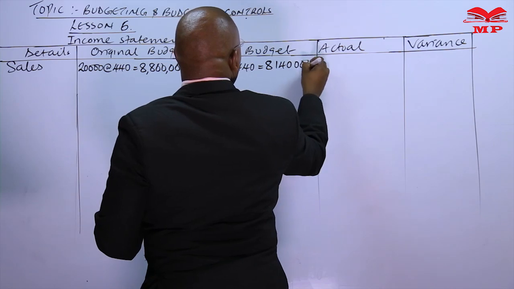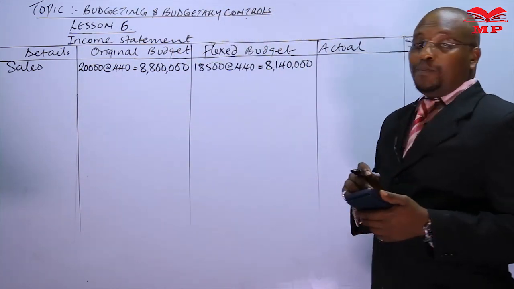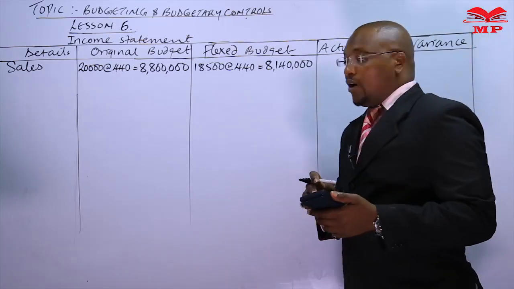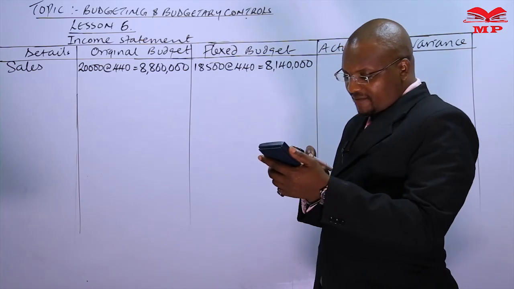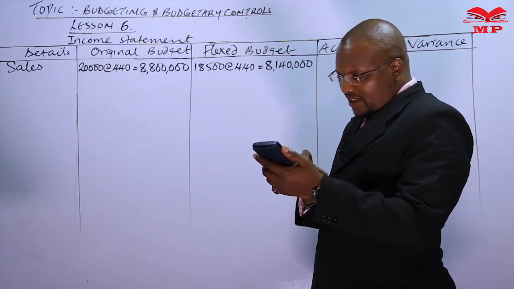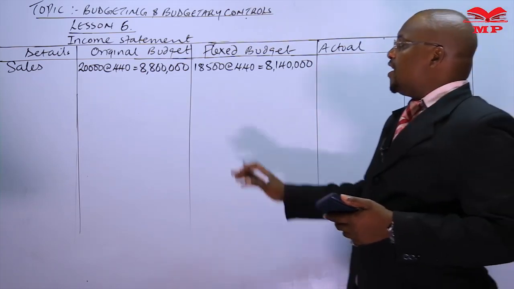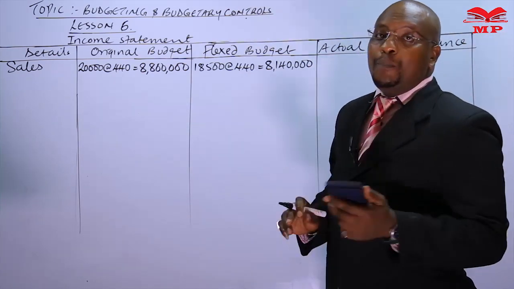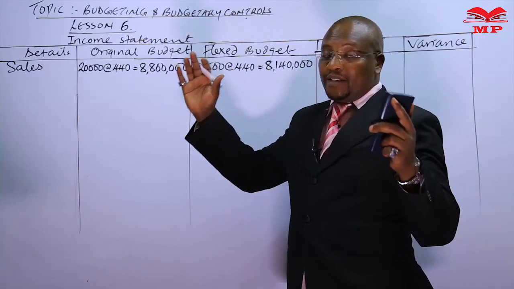Remember, if you know the flexible multiplier, there is a factor we can use. Now the actual is 18,500 divided by the 20,000, which is 0.925. That means we operated at 92.5% of the original expectation.